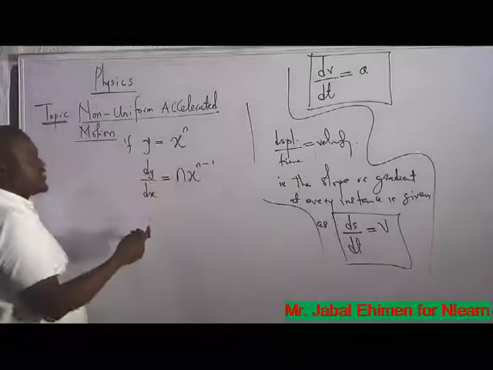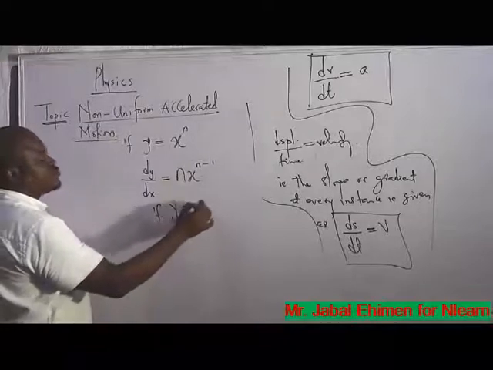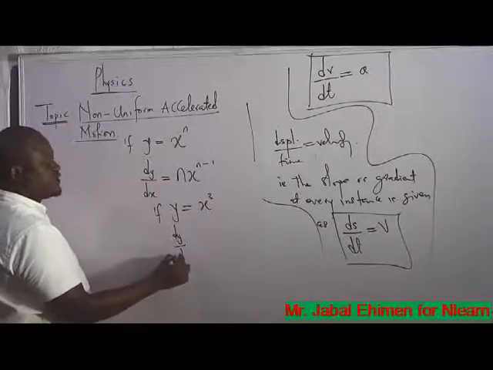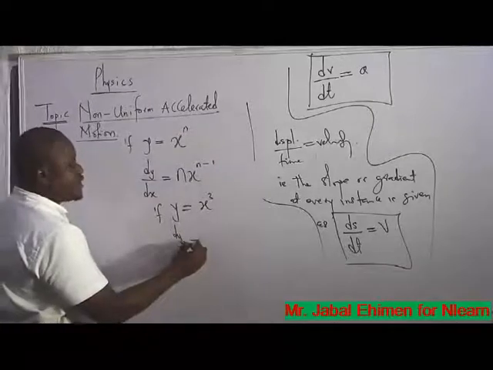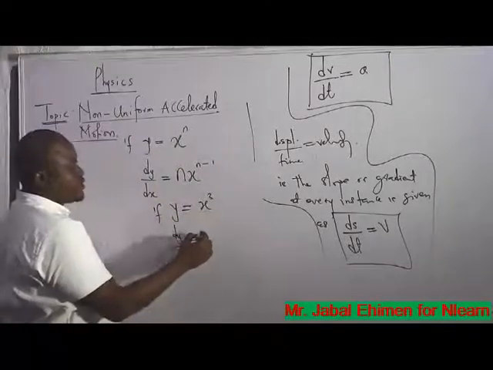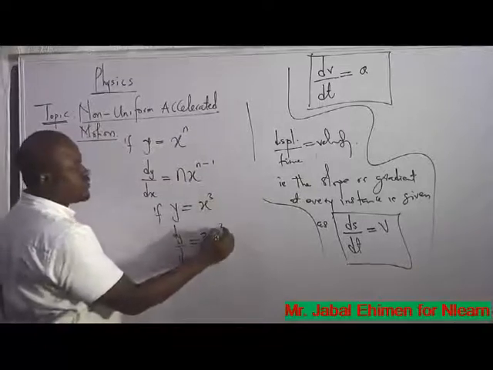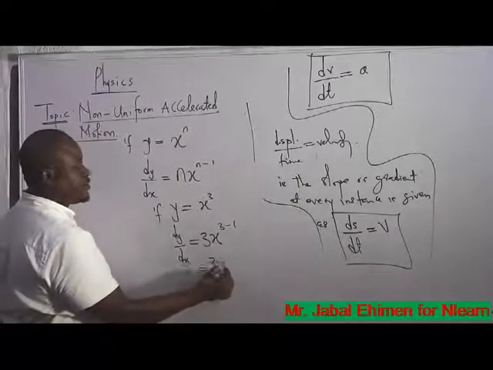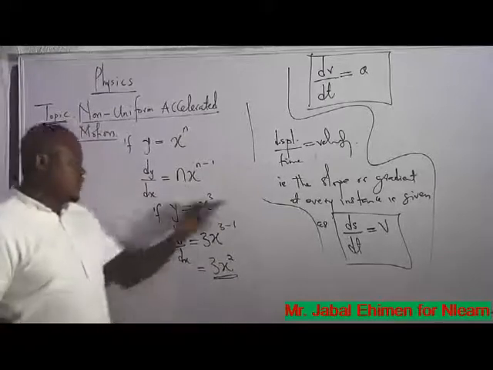So I can boldly say that if y is equal to x raised to power 3, then dy over dx, following their rule, means I will take the 3 backward, which is 3 times whatever is in the back. Then I'll have x, and 3 minus 1. What I finally get is 3x to the power 3 minus 1, which is 3x squared. So I have differentiated this value, and it gives me this.